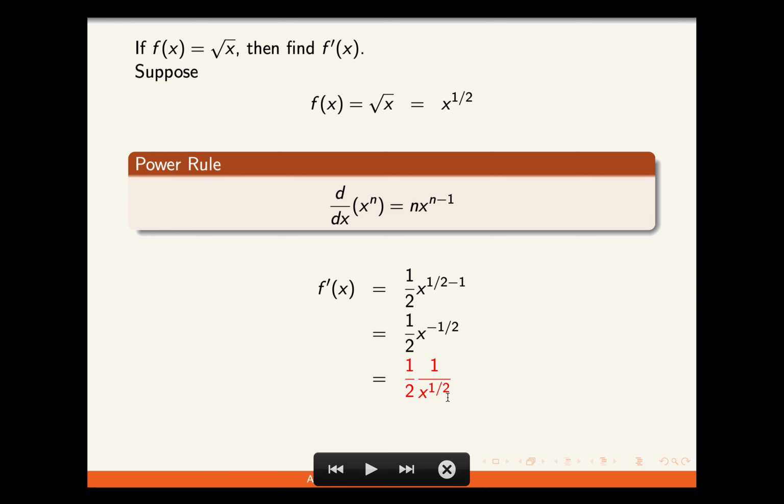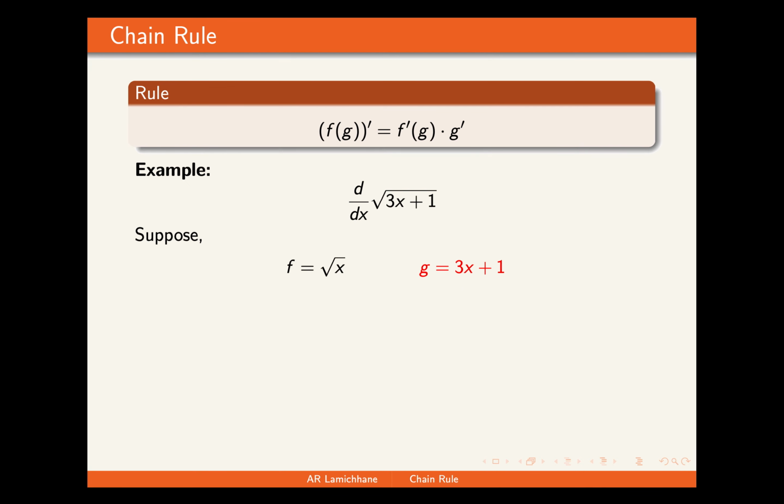And if you want to change the exponent back into a radical, this will be 1 over 2 times the square root of x. So the derivative of the square root of x is 1 over 2 times the square root of x.